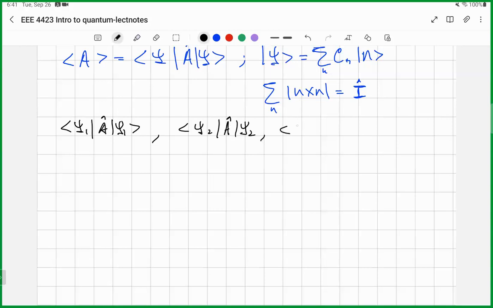For the third, I would get <psi 3|A|psi 3>, and so on for all of them. And of course, sometimes some of these results will be equal, which means that the two different subsystems are in the same state. Sometimes they are different, meaning that they are in a different state.